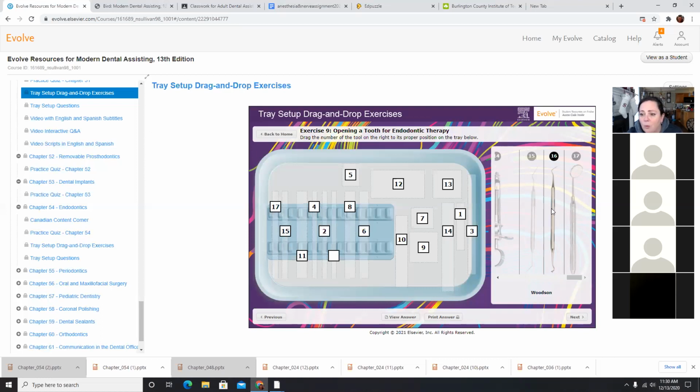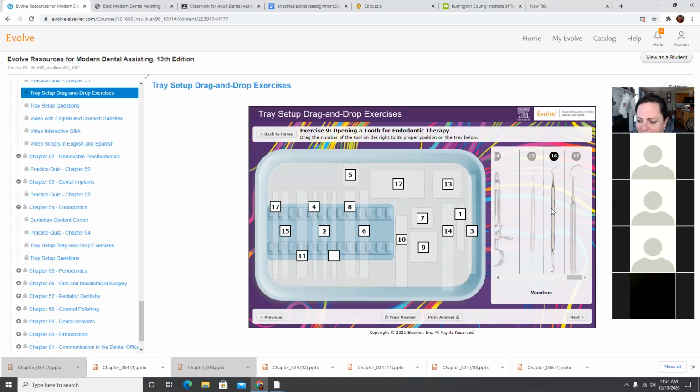All right. What is a Woodson? A Woodson is also used in amalgam sometimes, and once in a while in composite restorations. But what is a Woodson? The Glick is going to have a tiny condenser at one end and a plastic instrument on the other.